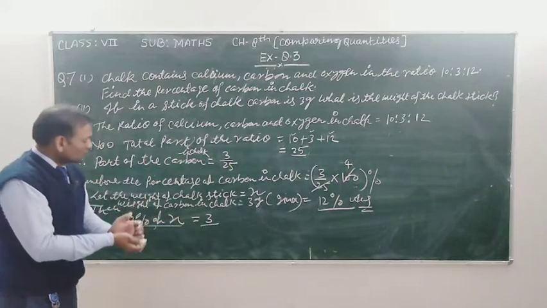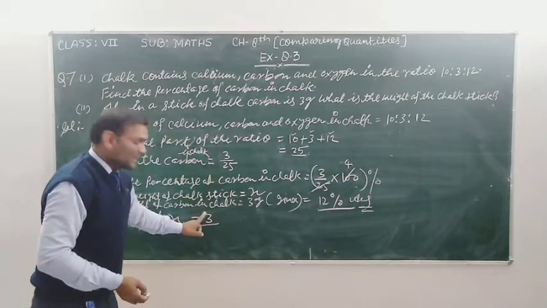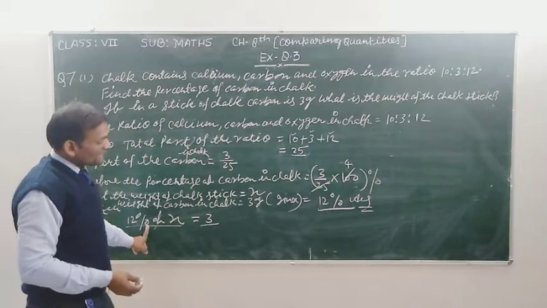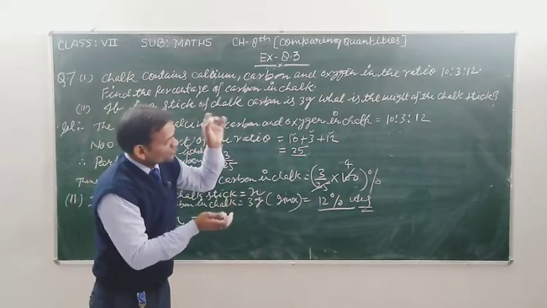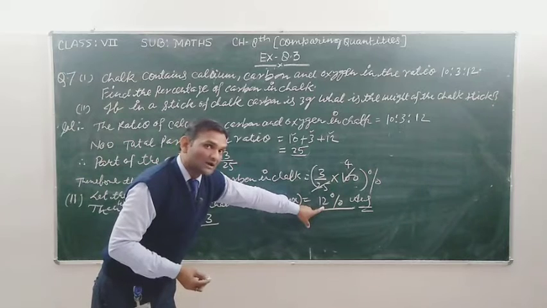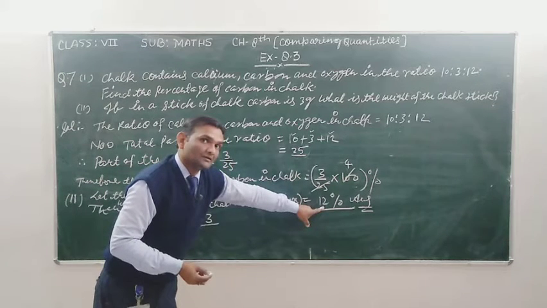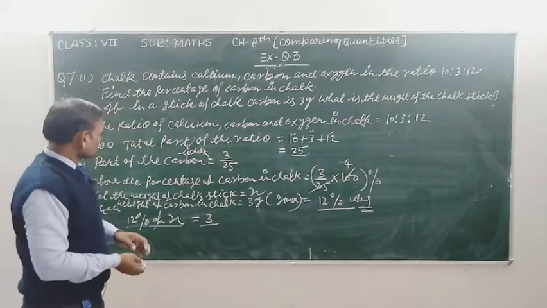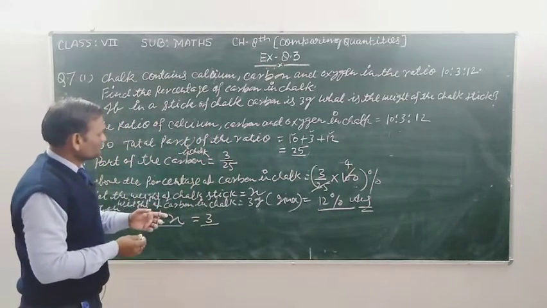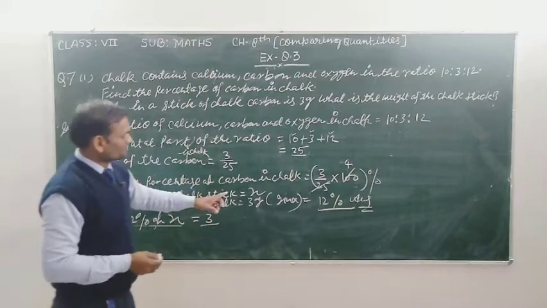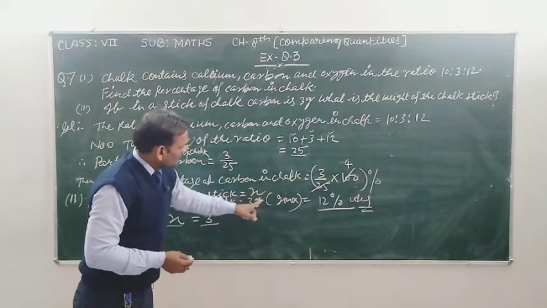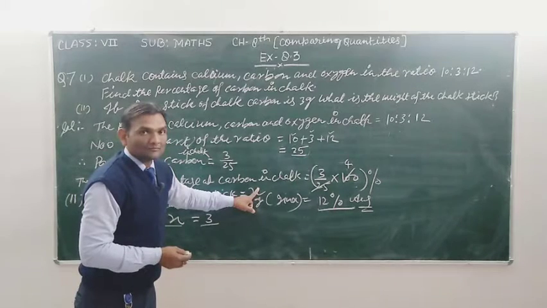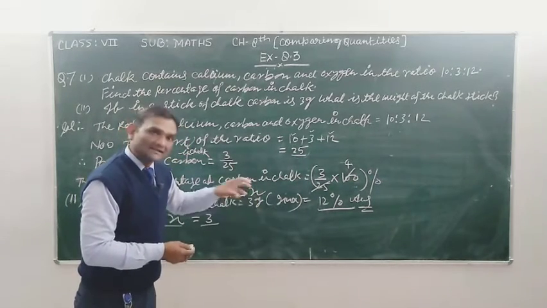Why? Because this is the weight of the carbon and this is the weight of the carbon also. Because in chalk stick 12% is carbon, you have found out already. 12% of x, that is carbon.